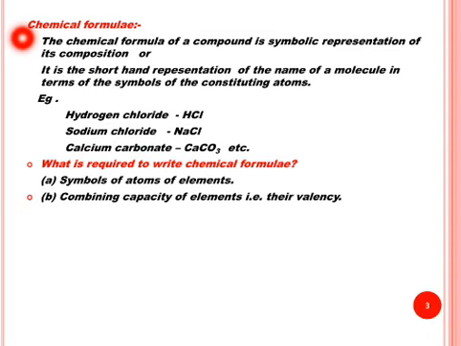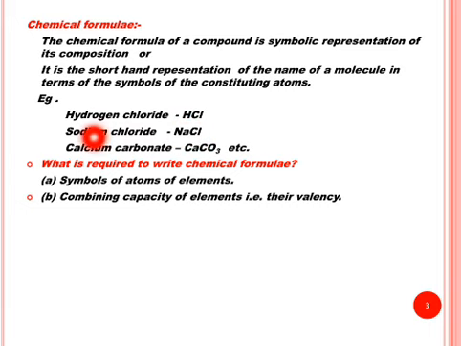So let's learn what is chemical formula. The chemical formula of a compound is a symbolic representation of its composition, or you can say that it is the shorthand representation of the name of a molecule in terms of the symbols of the constituting atoms.